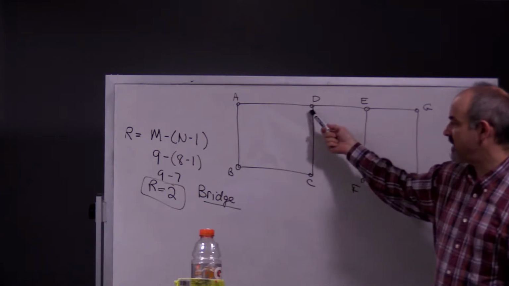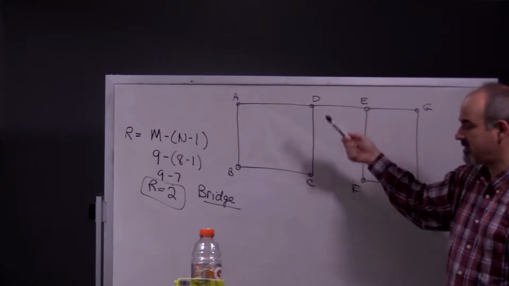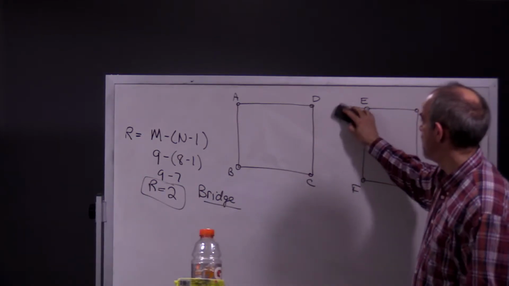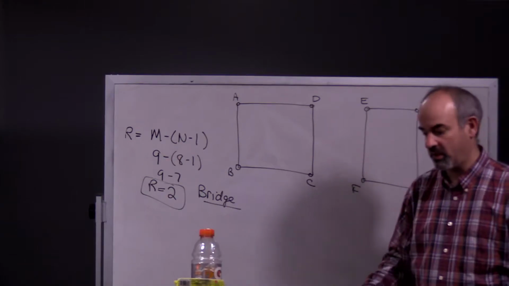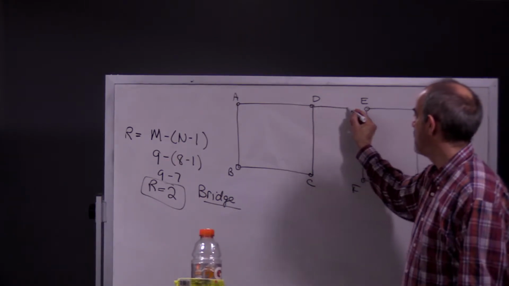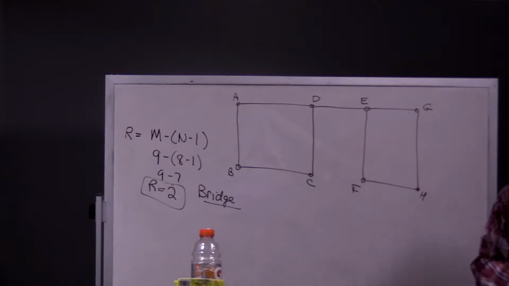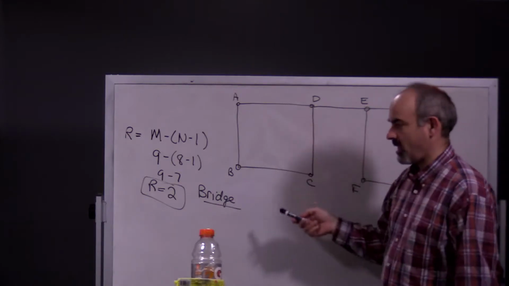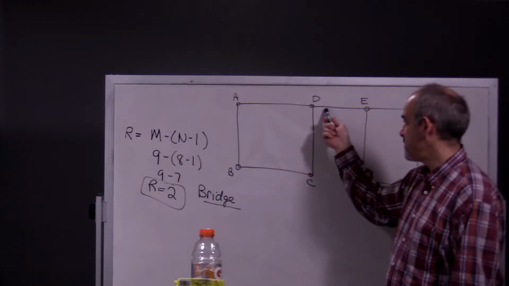The only bridge in this particular network is this edge. If we get rid of this edge, it's no longer a network, so it wouldn't even be a tree. So this edge has to stay. That's the only edge though that actually has to stay. All the other edges are not bridges, so there's only one bridge.